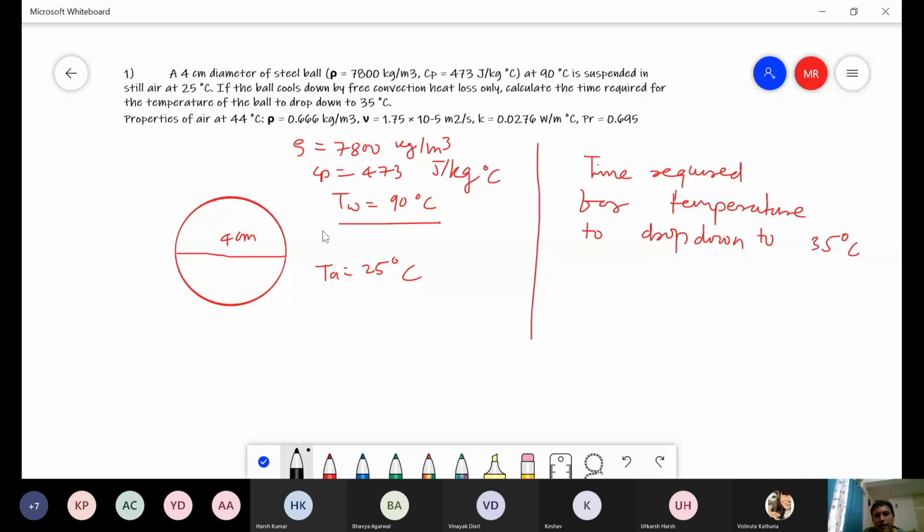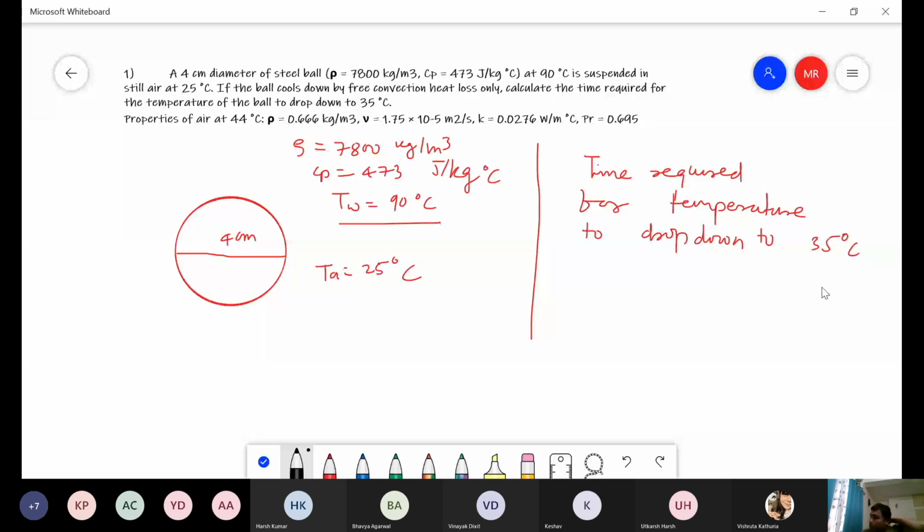Clearly, this is a clear-cut case of natural convection, because there is no turbulence in the air, only the air is present outside, and the heat is being transferred from this steel ball to the ambient. Okay. So whenever we are looking at natural convection, we need to find out the properties at average temperature.